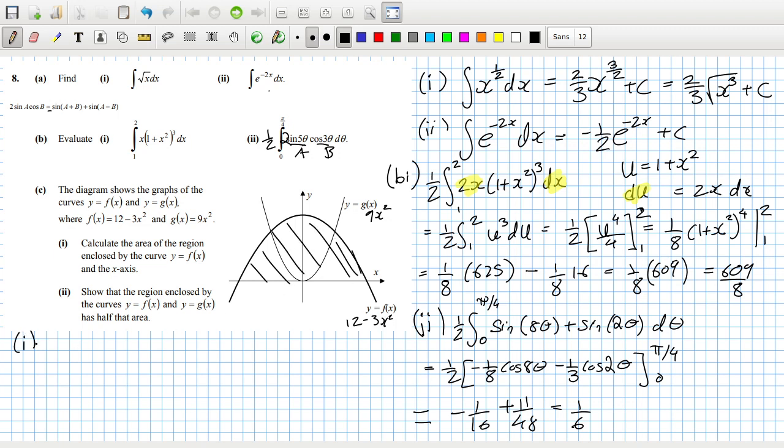Integration from minus 2 to 2 of 12 minus 3x squared. So that's 12x minus x cubed. I'll put 2 in first. 12 times 2 minus 2 cubed, 16. And then I'll put in minus 2.